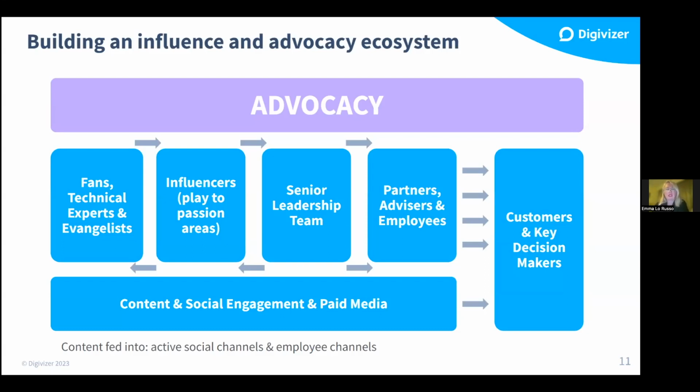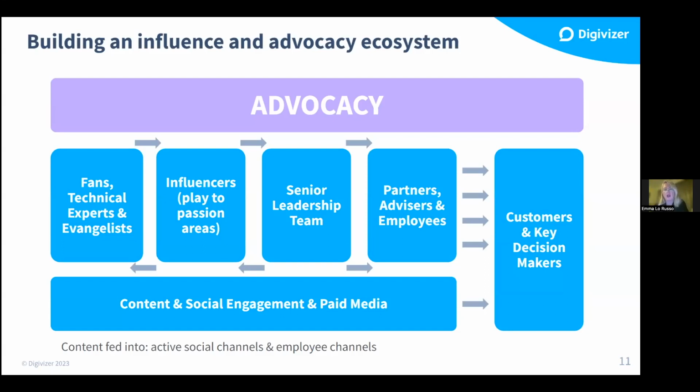And of course, influencers like to be seen in partnership with the senior leadership or the CEO of an organization. People follow people, and they're 14 times more likely to share content of a person or a leader in an organization than the brand. So you want to unlock your senior leadership team, but connect that to the influencers and make sure that they're engaging, as well as the acknowledgement of those fans.